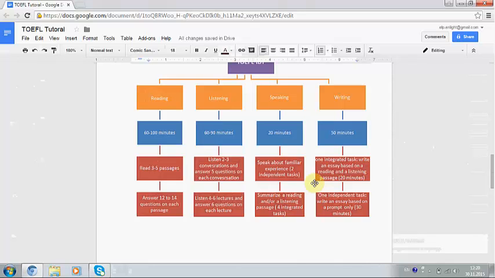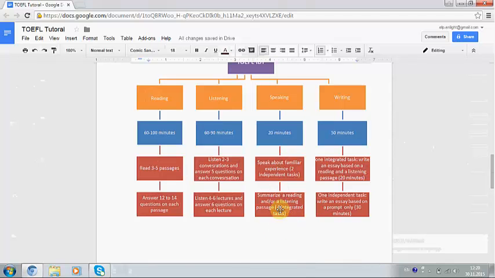Okay, now in the second part of the speaking test, you might have to summarize a reading or a listening passage. So you have two sources, reading and listening. You read and listen, and then you summarize it and you speak. It's kind of like a report. So you will have 4 integrated tasks.